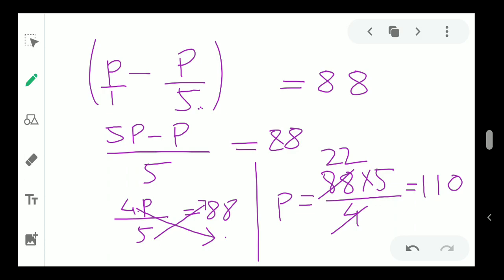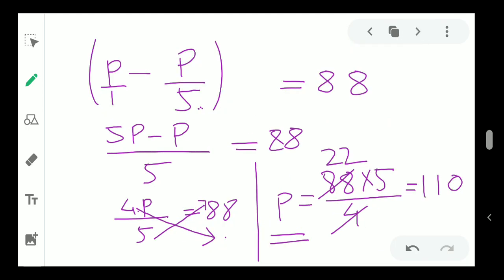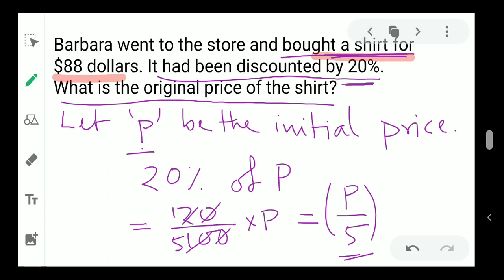Okay, so basically this is what we have considered, the initial price. So that means the initial price was 110 rupees, and then 20% was the discount and finally I got it in 88 rupees.